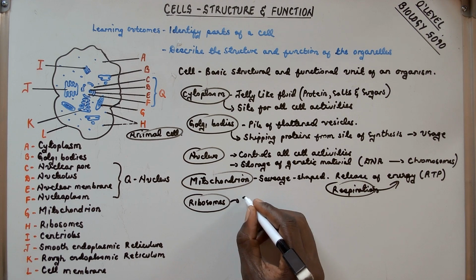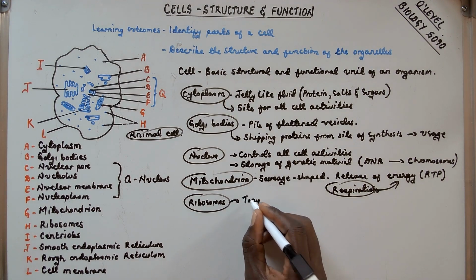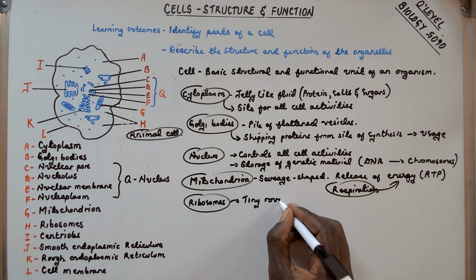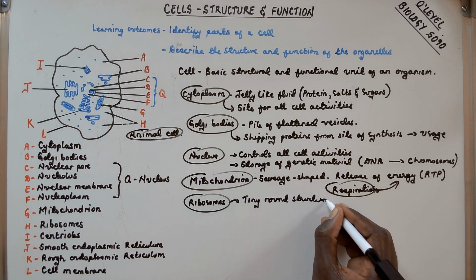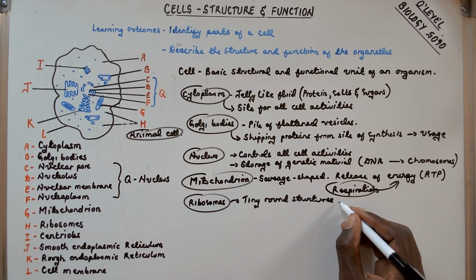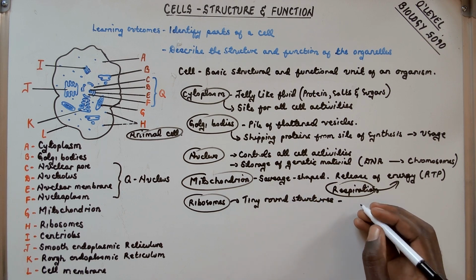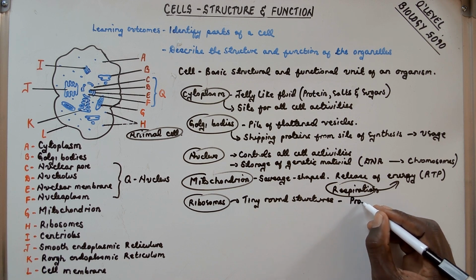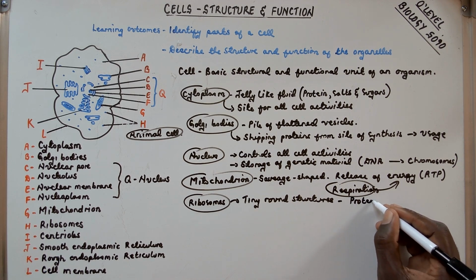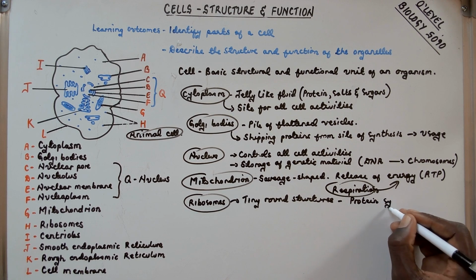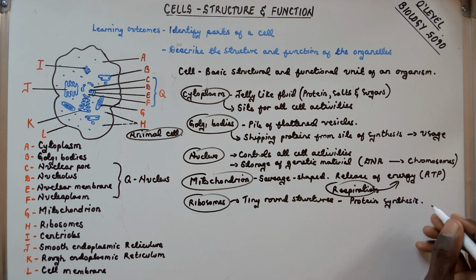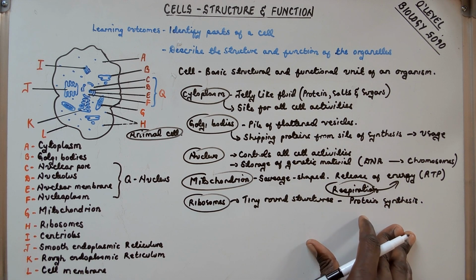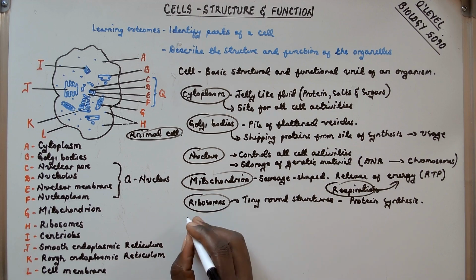Ribosomes are just tiny round structures responsible for protein synthesis. Now we also have the centrioles.